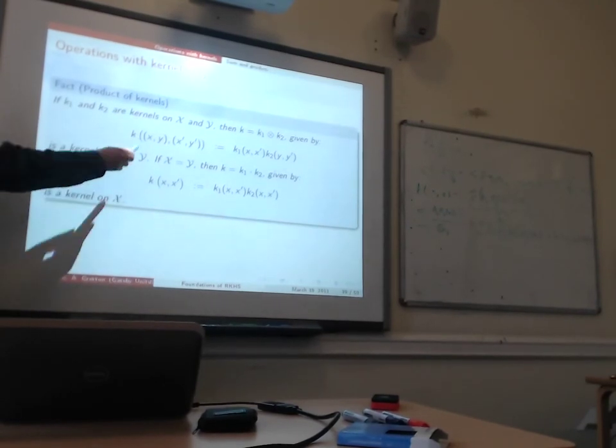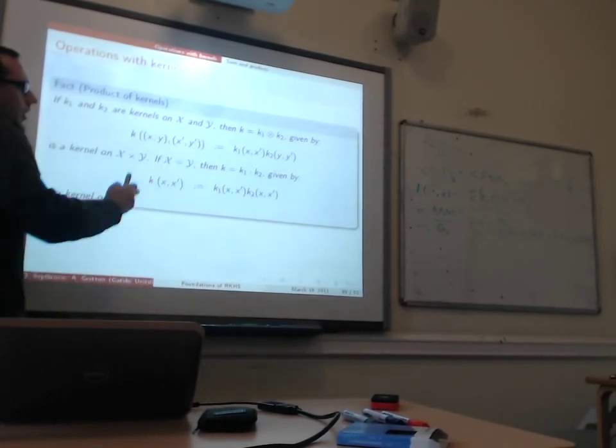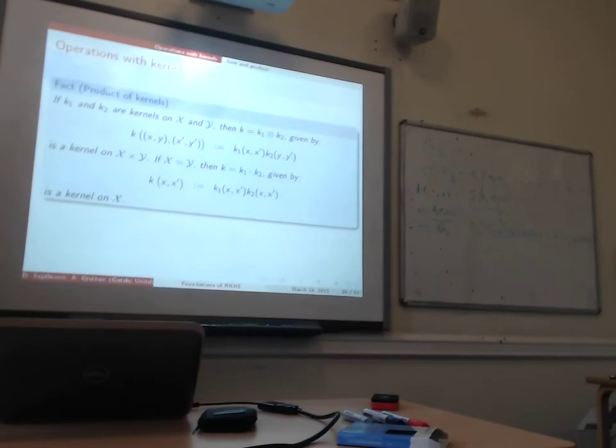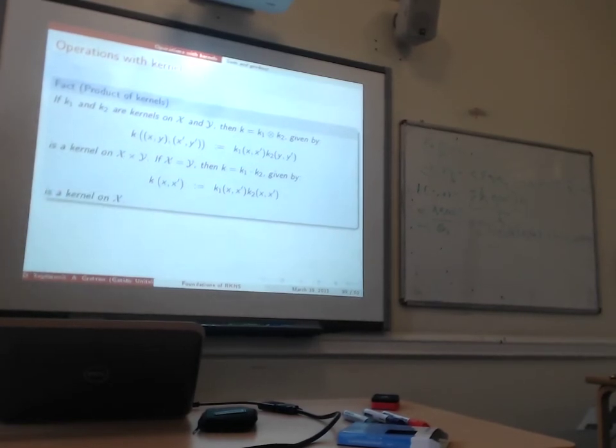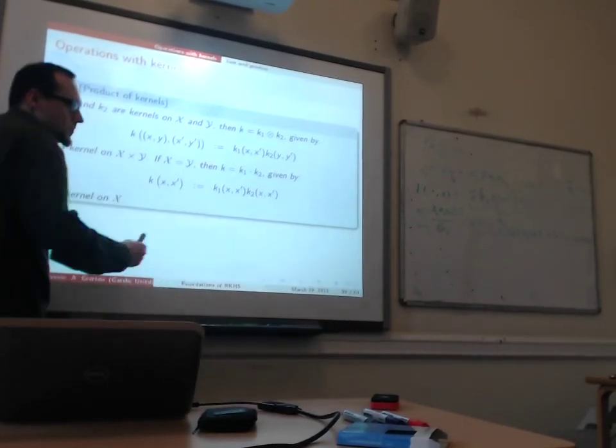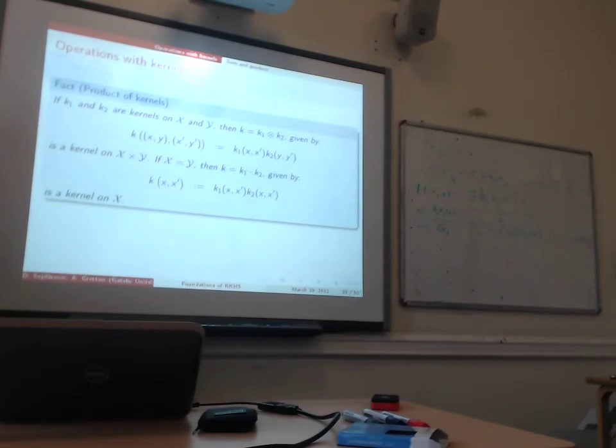In particular, if these are in the same space, then I get again a kernel on the original space x. I can also consider it to be a kernel on x squared, but I can also consider it to be a kernel on x, given in the following way. So if I multiply, say, a Gaussian kernel with a Laplacian kernel, I'll also get a kernel in its own right, and it has some RKHS.